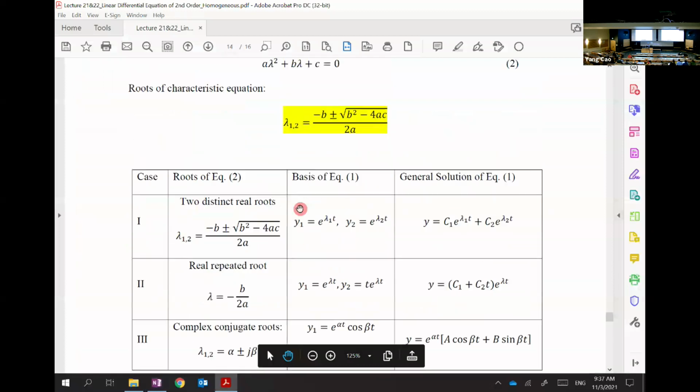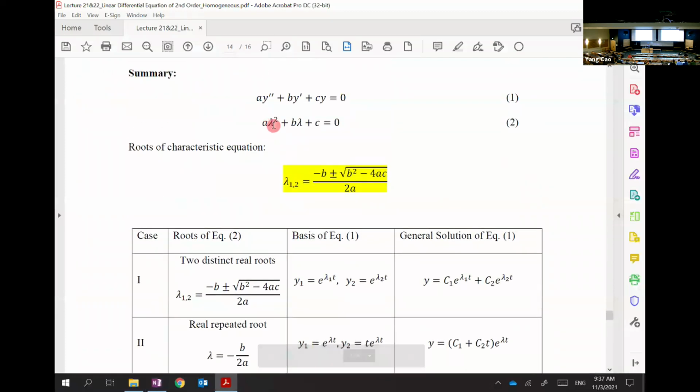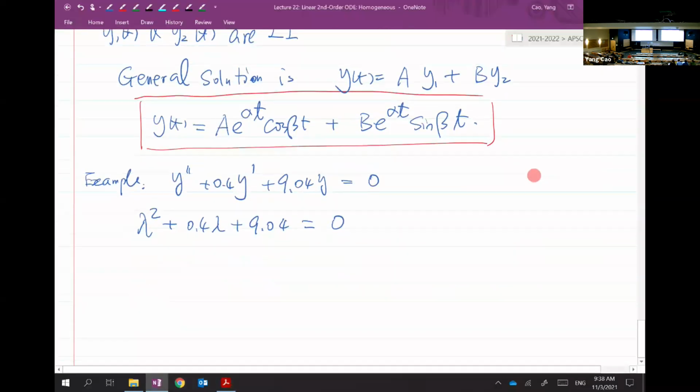This formula basically, in this case, A equal to 1, B equal to 0.4, and C equal to 9.04, right? And you plug it into this formula, and you calculate lambda 1 and lambda 2. So you get lambda 1 and 2 equal to negative 0.2 plus minus j 3 over root 10.